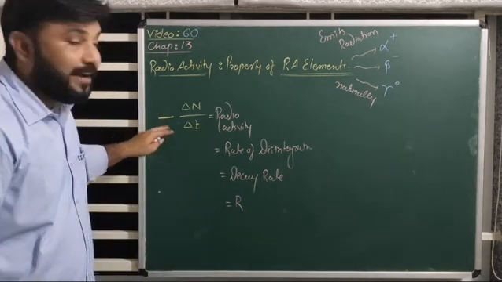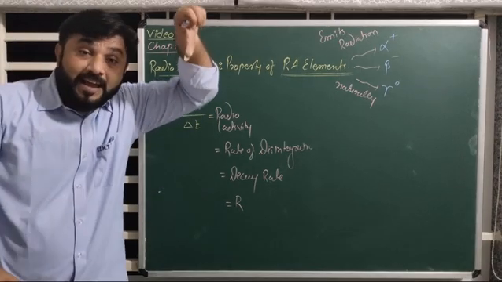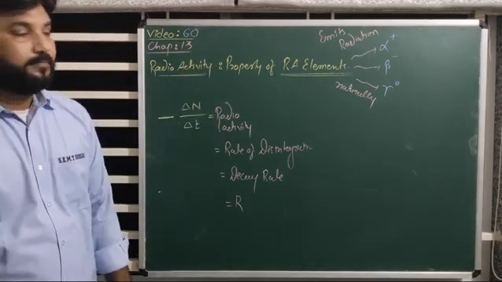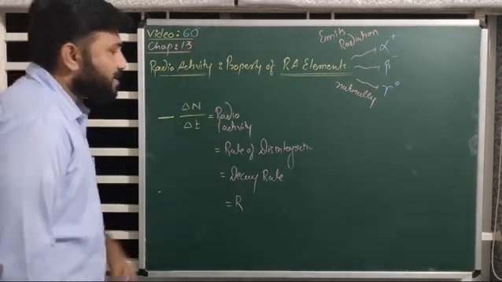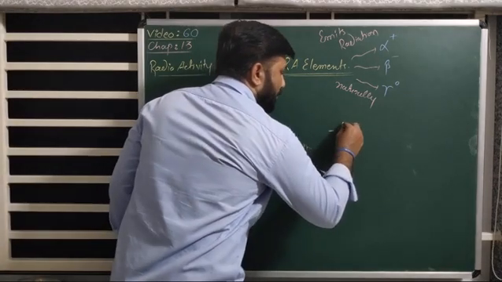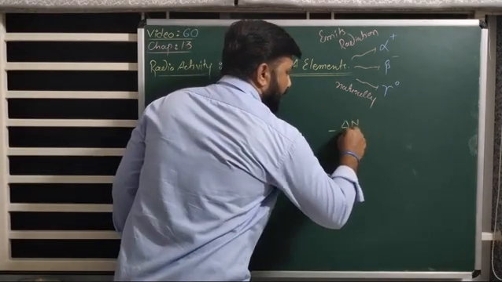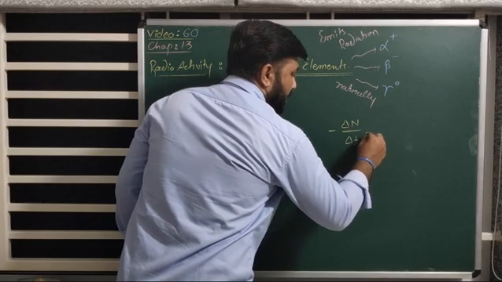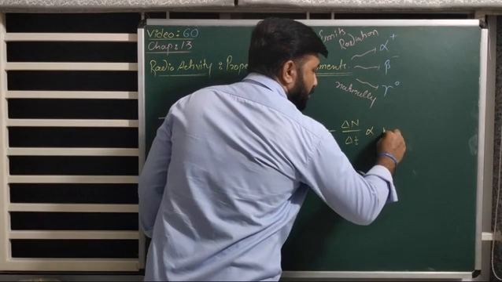This minus sign indicates the number of nuclei decreases. Got it? And this decrease, that means minus delta N by delta t is directly proportional to N.